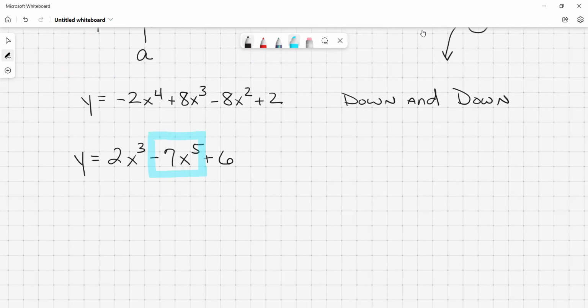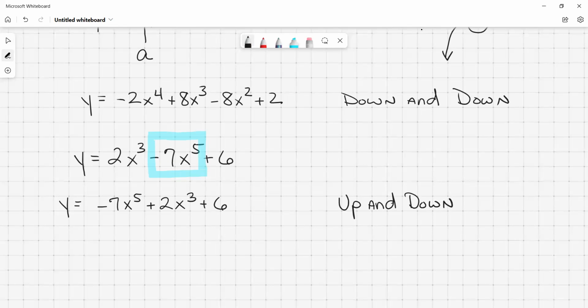Or you're going to rewrite it in standard form as negative 7x to the fifth plus 2x to the third plus 6. Now it's in standard form, right? It's up to you. So now your leading term's negative. We got an a that's negative, and we got an n that's odd, and that's up and down. All right, so it would look something like this.